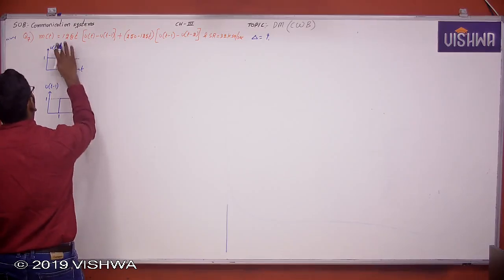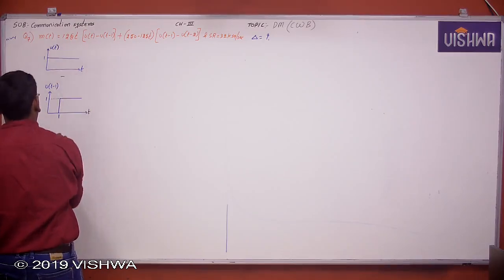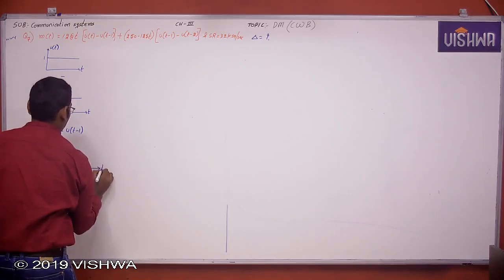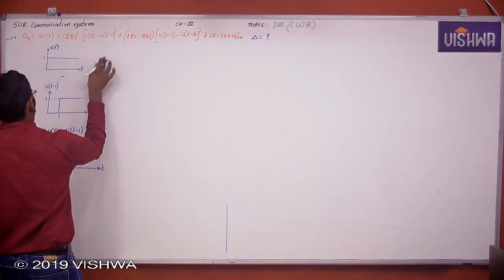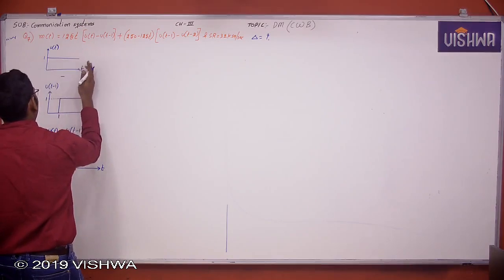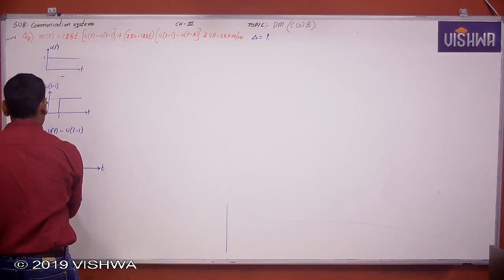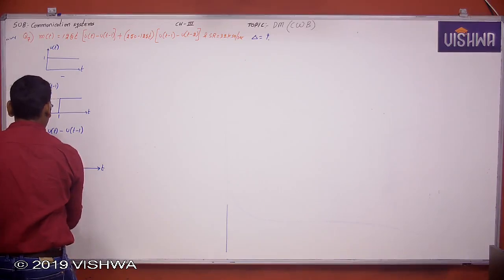Now u of t is from 0 to infinity, and u of t minus 1 is from 1 to infinity. The subtraction is possible, and it is only from 0 to 1.